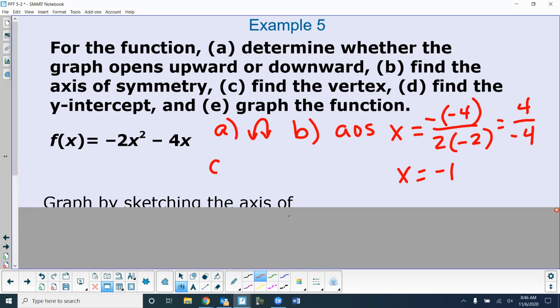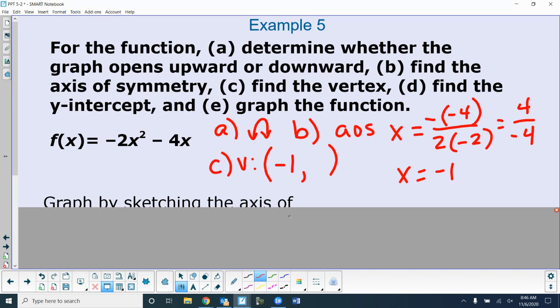C, the vertex, I know is -1 something. Remember, the axis of symmetry goes right through the vertex. So whatever X equals for the axis of symmetry is the X value of your vertex. How do I find the Y value?